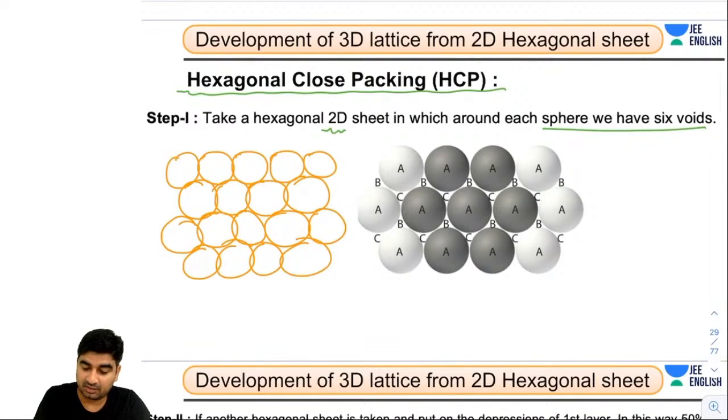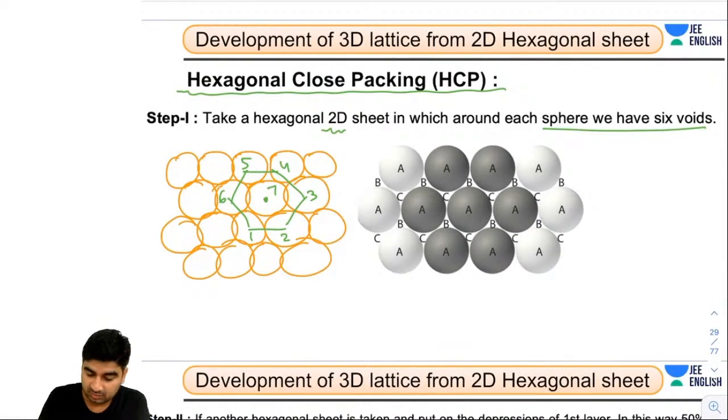If you are making it this way, guys, this is called hexagonal layering. And this one is 7.